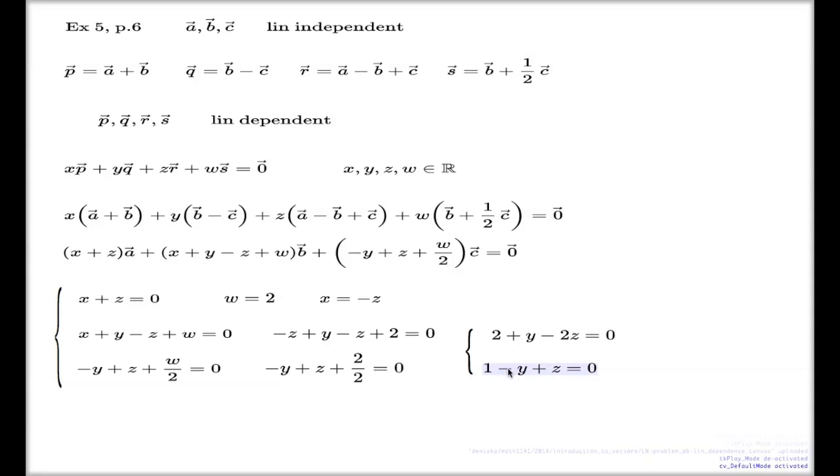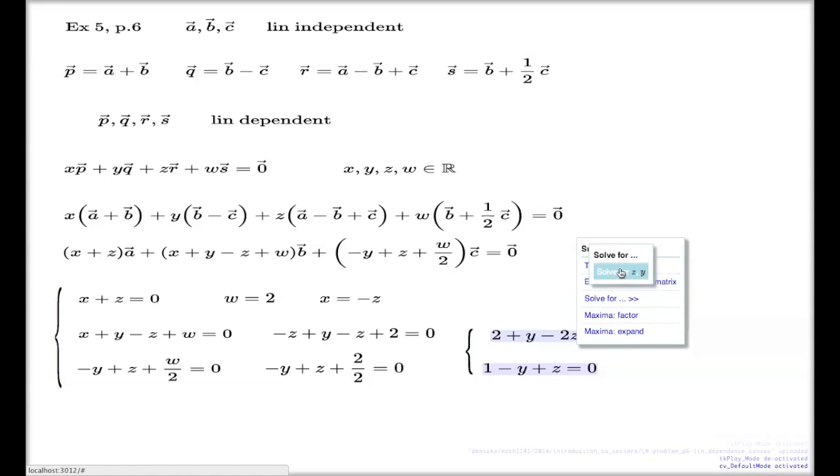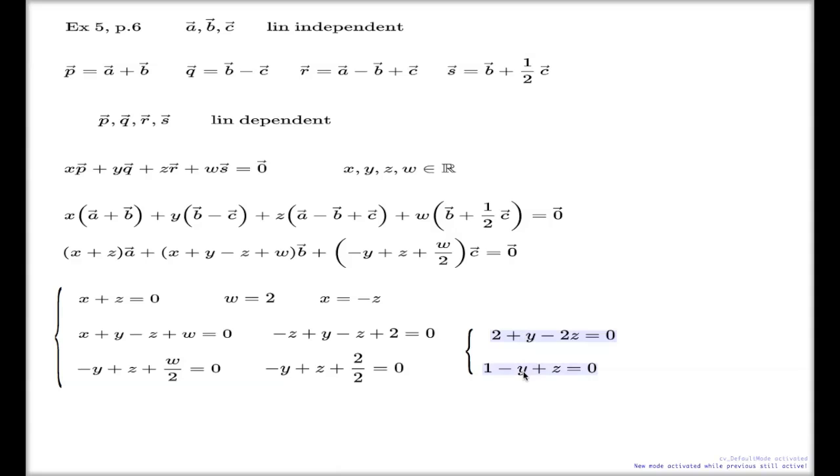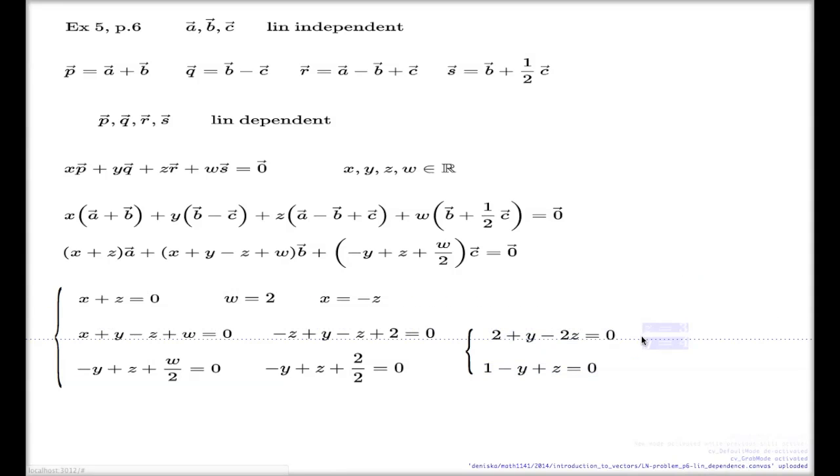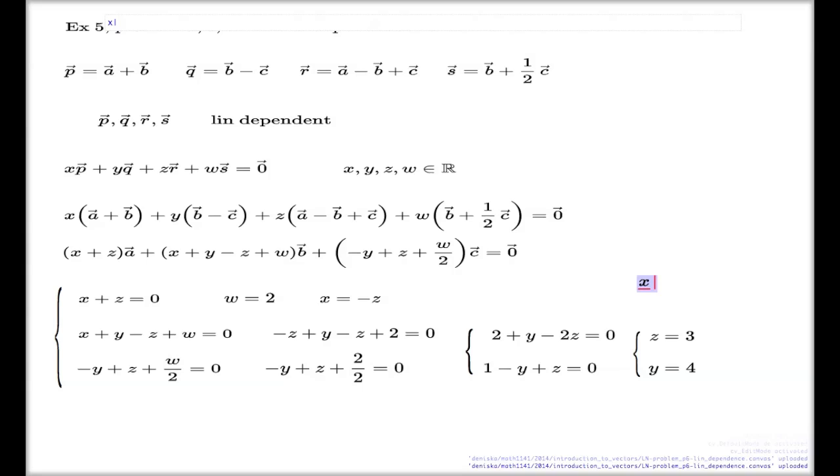I choose these two. I'm sure it will suggest I solve for z and y. If I ask for the solution, now I have them. Here they are: z equals 3 and y equals 4. Here's my solution. Of course, I have to say x also. If I substitute z for x, it will be -3.